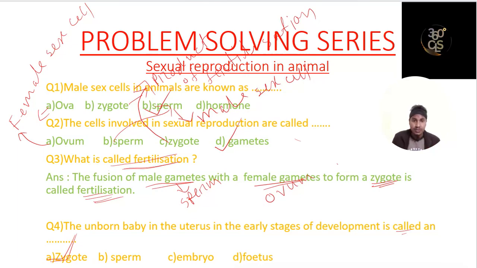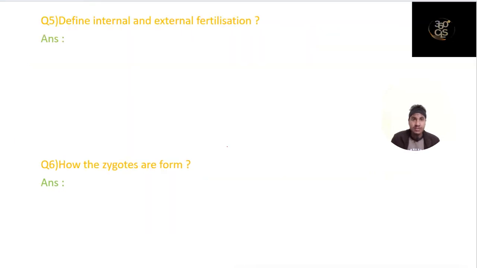So the next problem is define internal and external fertilization. So there are two types of fertilizations. One is what? Internal, and one is external.